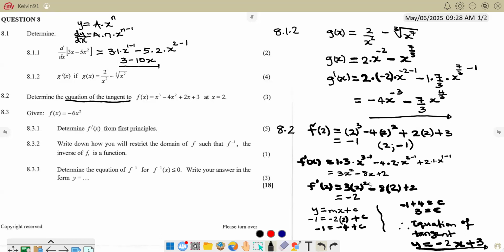Alternatively, after getting a point and the gradient, we can use the form of the equation of a straight line.